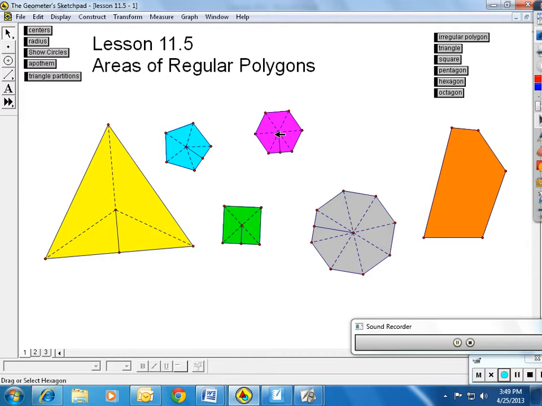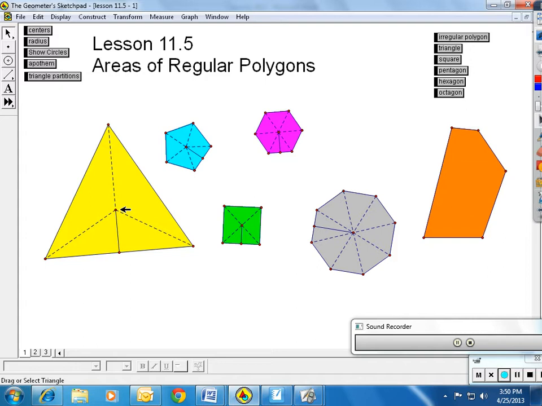The radiuses break this hexagon into 6 triangles. Square, 4 triangles in the square. The radius divides the octagon into 8 triangles, and all 8 triangles are congruent. All 6 of the hexagon triangles are congruent. All 5 of the pentagon are congruent. All 3 of the equilateral triangle are congruent.